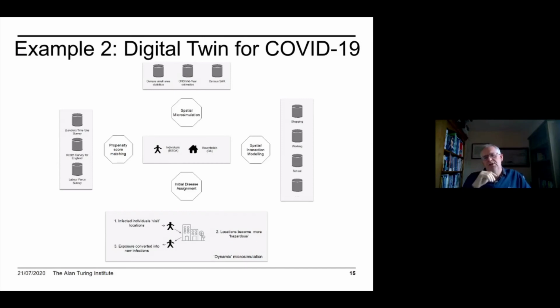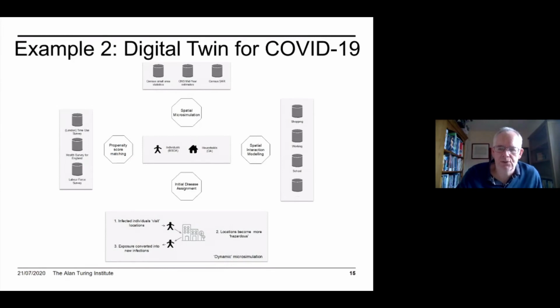I've got a range of spatial interaction models on the right-hand side here, linking together different kinds of activities that are going to create risk and exposure and transmission of this condition. So things like shopping or commuting or schools or leisure activities and those sorts of things. And then I'm going to link these things together in a dynamic model, which actually moves individuals in and out of these environments on a day-to-day basis and creates, as I've said, risk and transmission of infections.